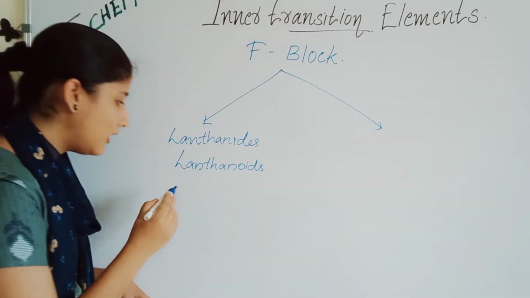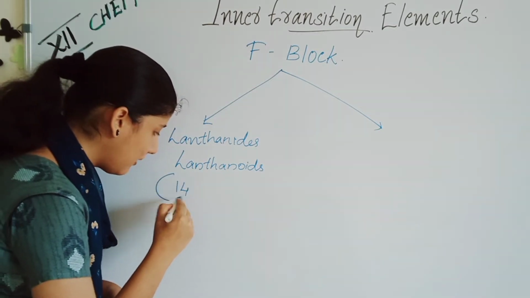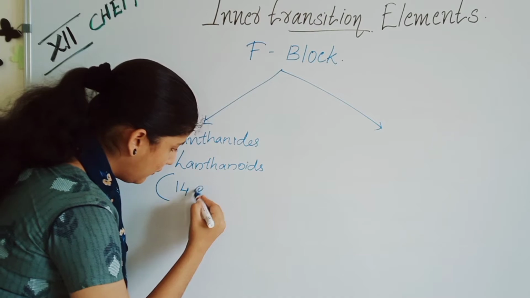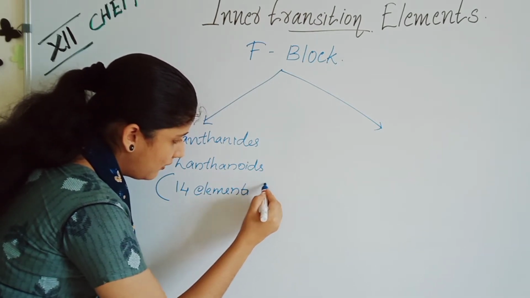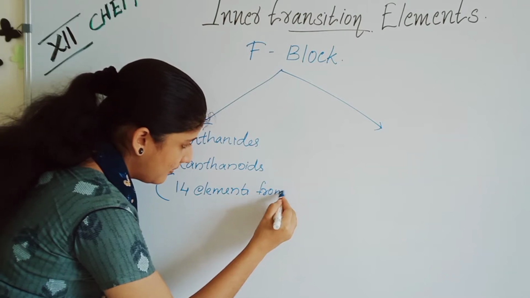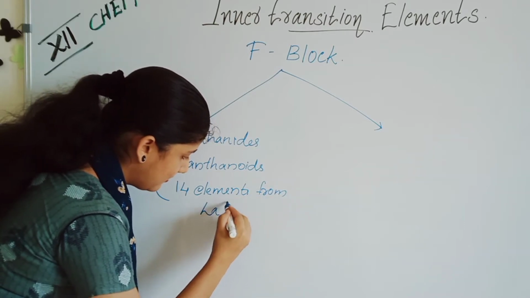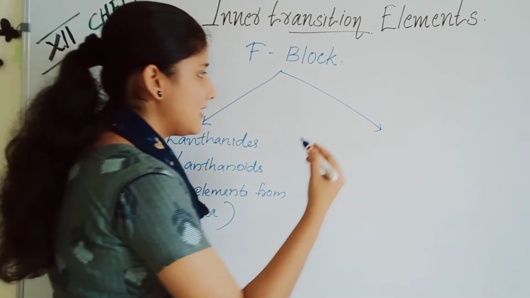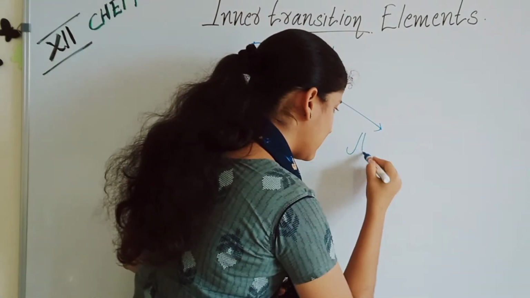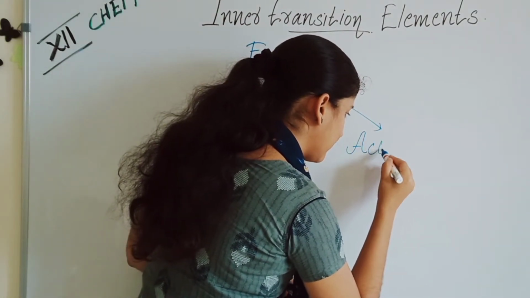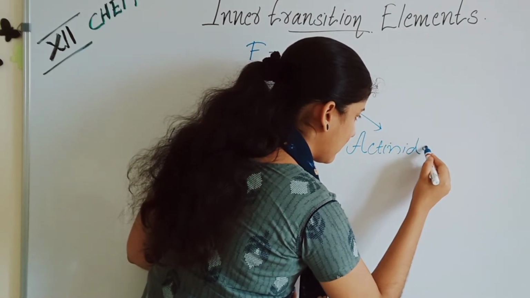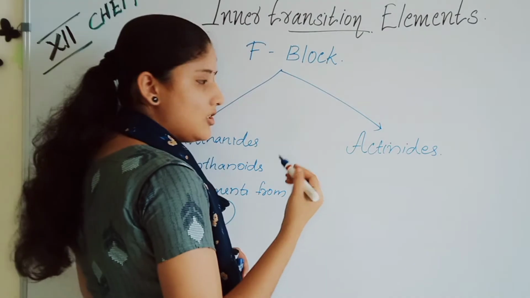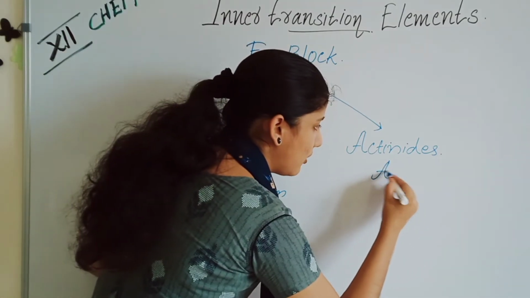There are mainly 14 elements starting from lanthanum. And the second period is actinides, or actinoids, we will call actinoids.